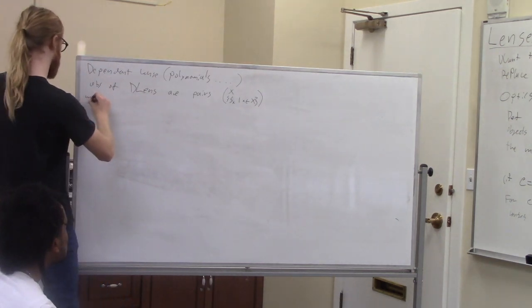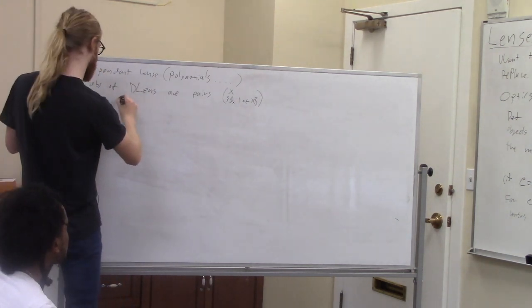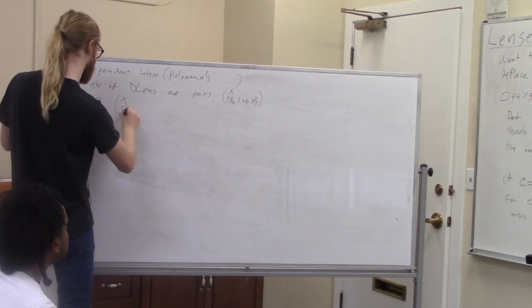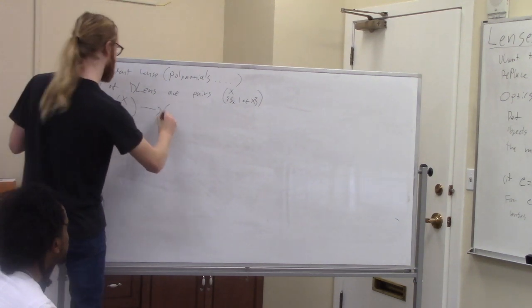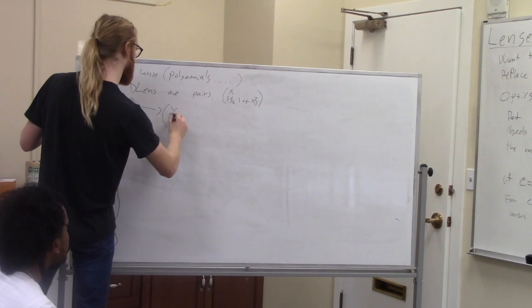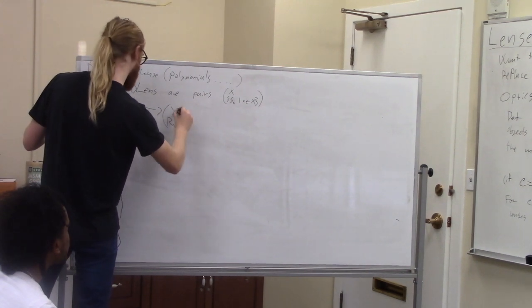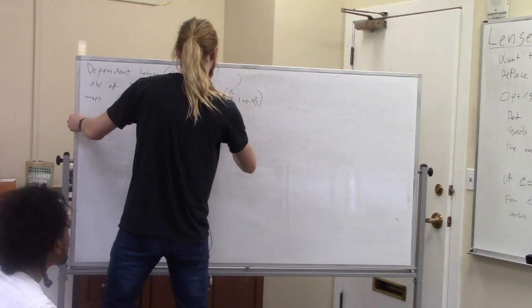Maps from (X, Sx) to (Y, Ry) are tuples.